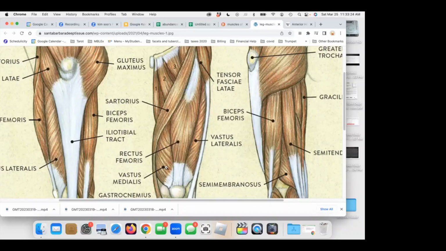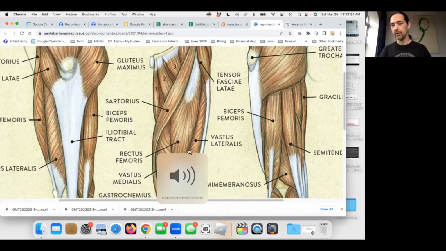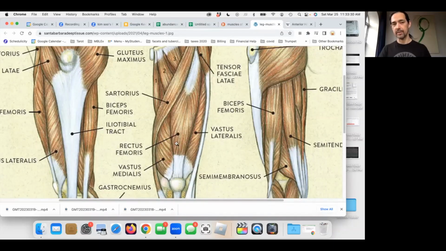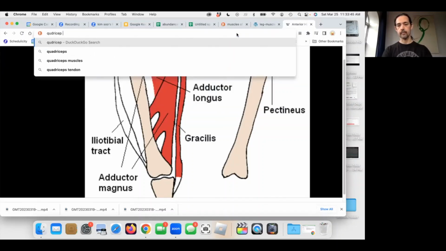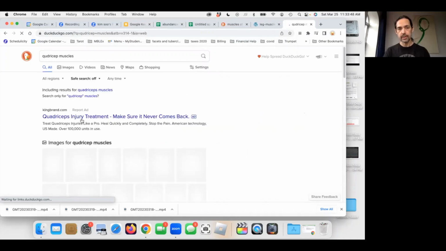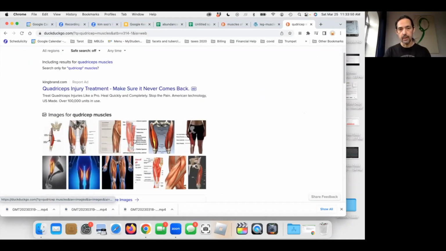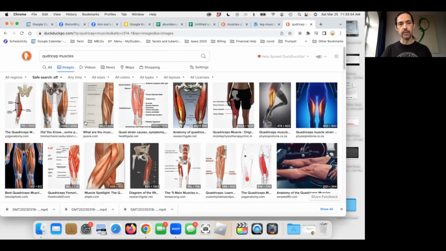Is the intermedius one labeled on there? I don't see it. No, it's not. I have to pull up a separate visual for that. So here it's just the vastus medialis, vastus lateralis, rectus femoris. If we look at the quadricep muscles, we have to find one which shows all four muscles.